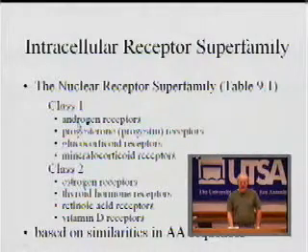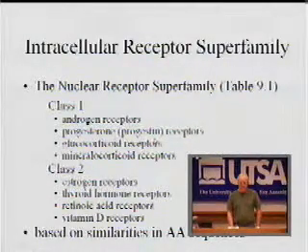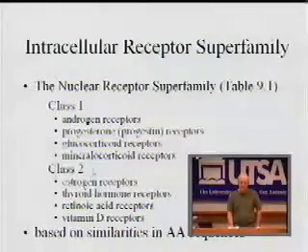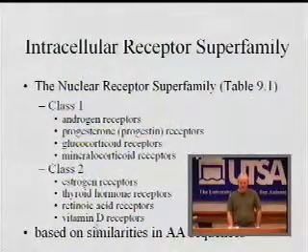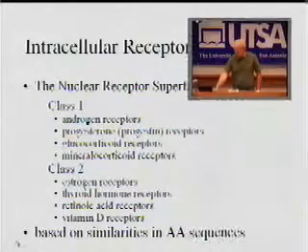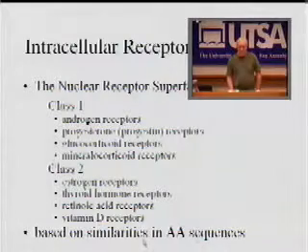So the class 1 are the androgen receptors, progesterone receptors, also called progestin receptors, glucocorticoid receptors, and the mineralocorticoid receptors. And then the class 2 are the estrogen receptors, thyroid hormone receptors, retinoic acid receptors, and the vitamin D receptors. And this classification is based upon the similarities in the amino acid sequences.